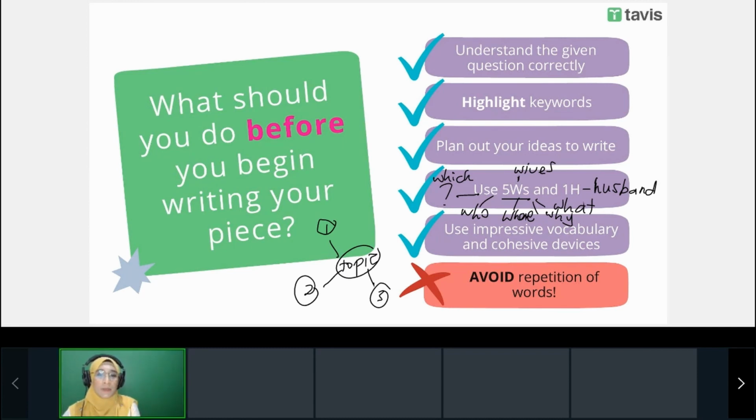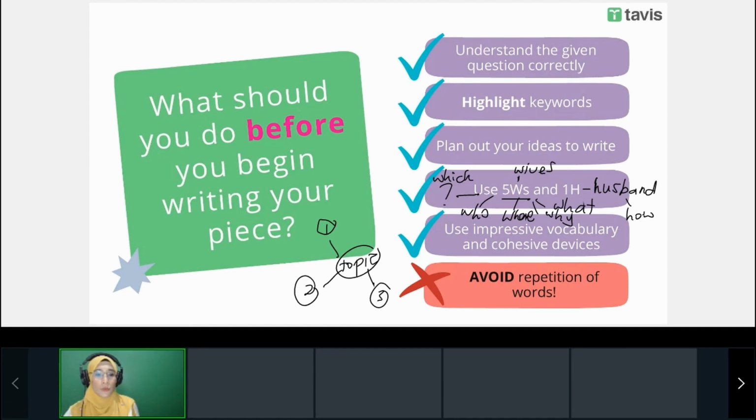And then the husband, it stands for how. The last one here stands for how. So you try and incorporate these into your ideas, and then only you can come up with wonderful ideas or wonderful details for your essay.